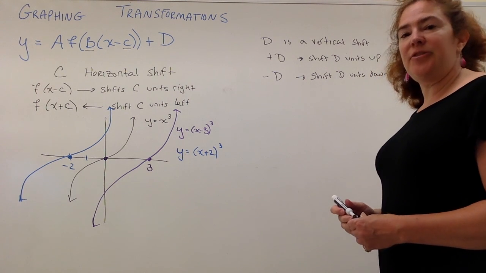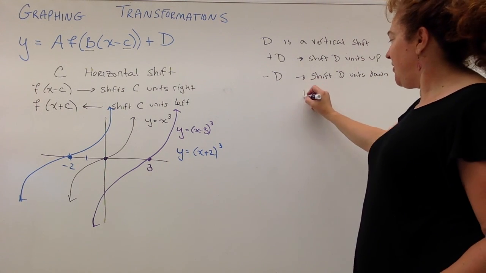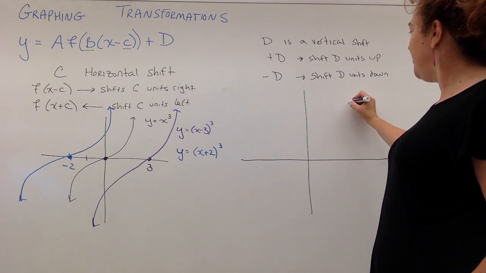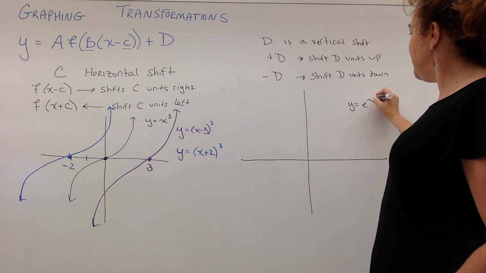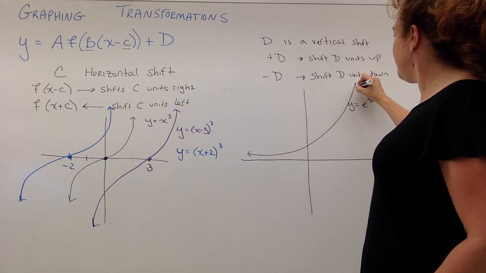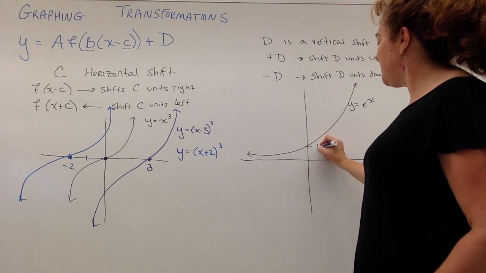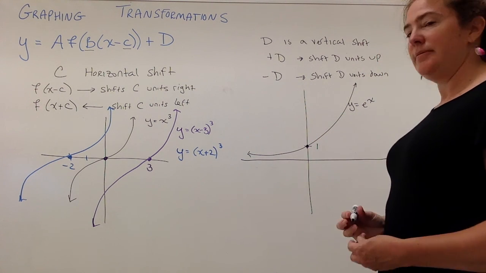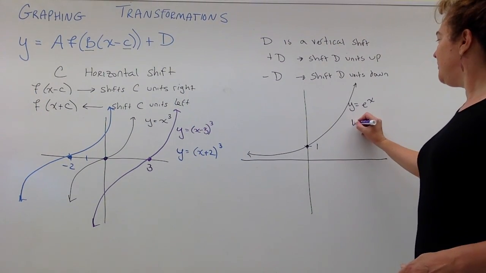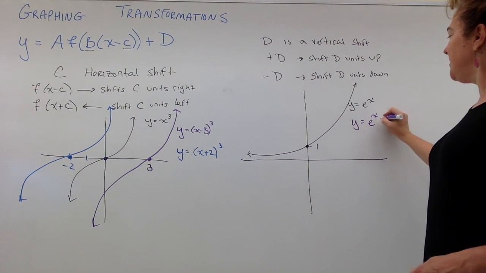So let's just take another graph that we studied. One of our other toolkit functions was the exponential graph. Y equals e to the x. Looked like this. Crosses the y-axis at 1. So if I add something on to the end here, y equals e to the x plus 3.